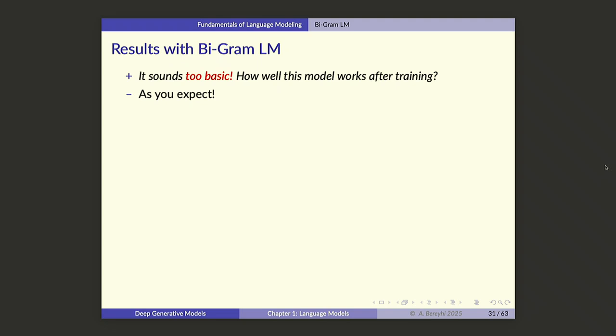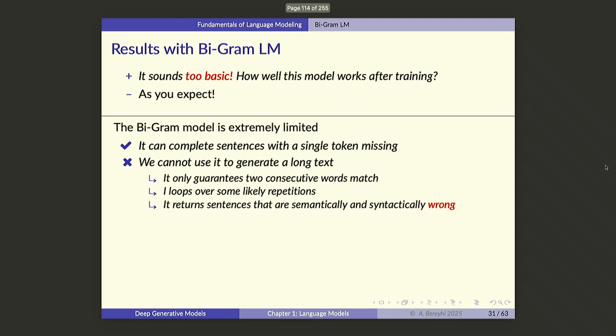But at some point in time, it used to do some basic language modeling tasks. Maybe this is capable of adding one single token to a sentence where the token is missing, if you do a bit of modification there. But at the end of the day, it's not capable of really generating a meaningful sentence.